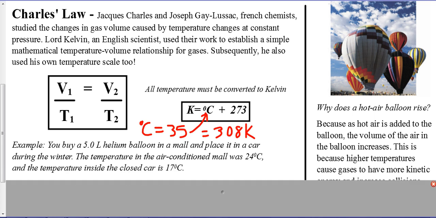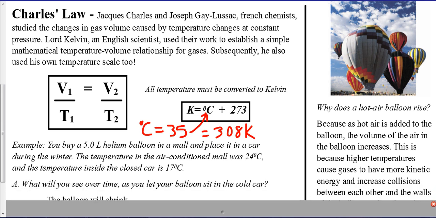So for your example here, let's say that you buy a 5-liter helium balloon in a mall. Maybe it's a birthday and you want to purchase a balloon for a mom or a dad. And you go outside and place the balloon in a car during the winter. The temperature inside the mall was 24 degrees Celsius, but the temperature in the closed car on the outside was a lot colder, 17 degrees Celsius.